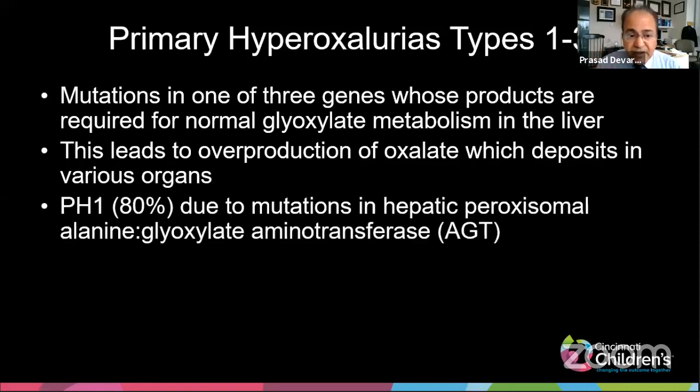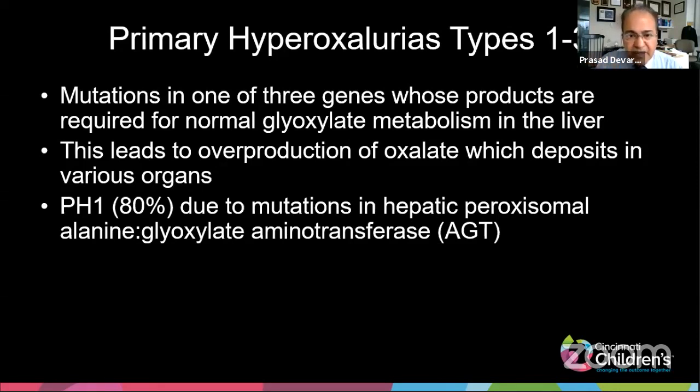So there are 3 types, like I said, PH 1, 2, and 3. Type 1, which is the most common, 80% of cases, is due to mutations in the hepatic peroxisomal alanine glyoxylate aminotransferase enzyme. So it is AGT, the enzyme in the hepatic peroxisome that is responsible for conversion of glyoxylate to benign metabolites.